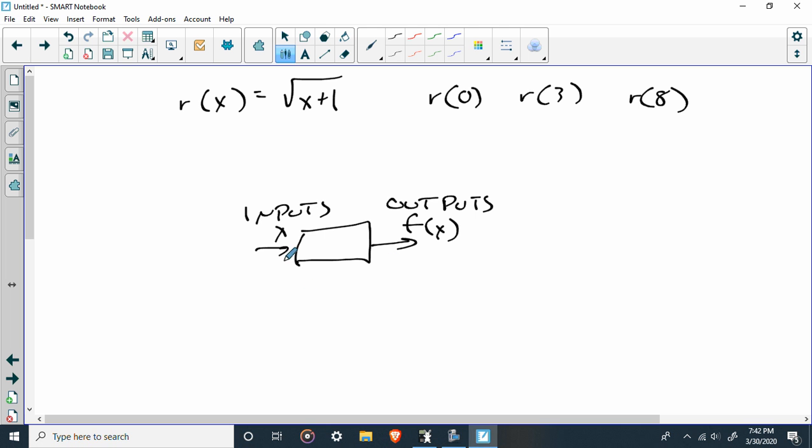You cannot have one input give you two different outputs. That's not okay. It's okay if there's no output. It's okay if you plug in something and nothing comes out. The one thing you cannot have is two different things come out of this. You can't have 3 or 4 or 5. Either there's no answer or there's one answer. That is it. You cannot have two different answers. So I'll give you an example for this one.